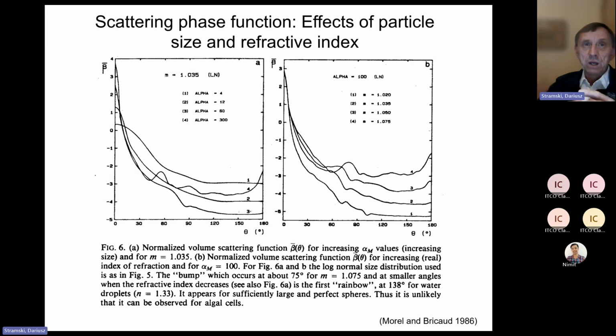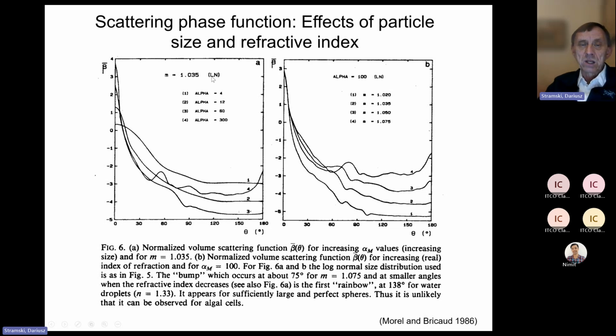So a significant fraction of the internal volume of living cells is occupied by water, and only a smaller fraction is occupied by solids, and that determines that the refractive index relative to water is relatively small.